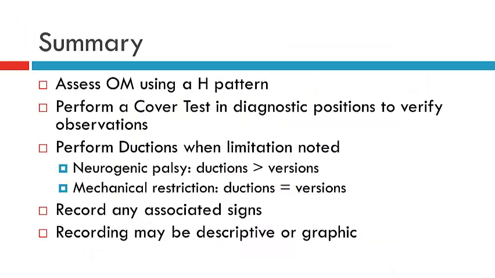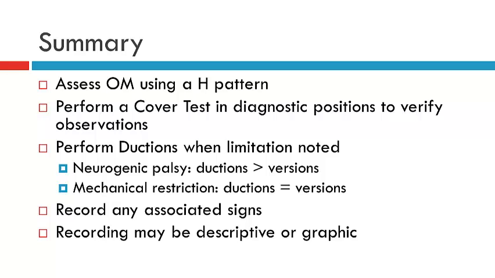So in summary, you should assess ocular movements using the H pattern. And whenever you think you have observed an underaction or overaction, you should perform a cover test in this position to verify your observations. You should perform ductions whenever you think you see a limitation. And again, if there is an increase in the movement, usually this is indicating that we have a neurogenic palsy, as compared to if we see no improvement in movement, it's likely that it's a mechanical restriction.